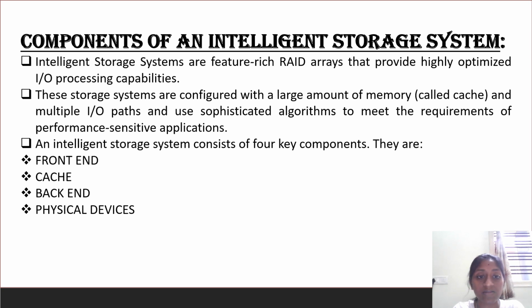These storage systems are configured with a large amount of memory called cache and multiple input-output paths, and they use sophisticated algorithms to meet the requirements of performance-sensitive applications. An intelligent storage system consists of four key components. They are front-end, cache, back-end, and the last one is physical devices.